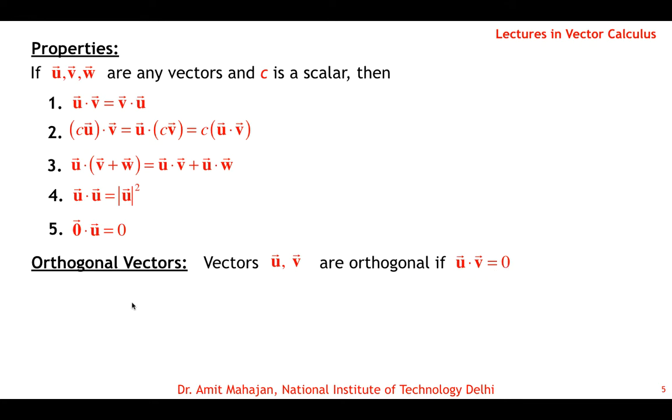So the unit vectors in the direction of x, y, z are orthogonal, so their dot products must be 0. So i dot j is 0, j dot k is 0, and i dot k is 0, and we can reverse them to write j dot i is also 0 because of the first property, they are commutative and give the same value.